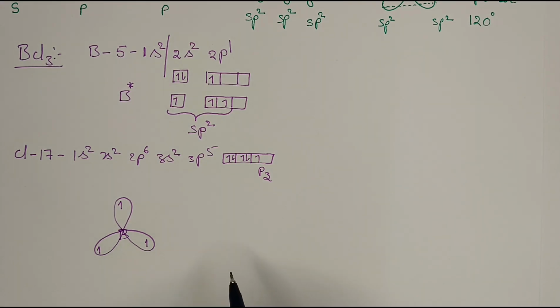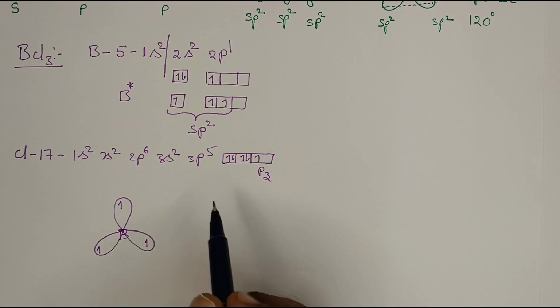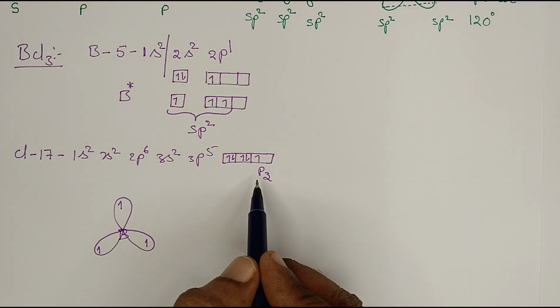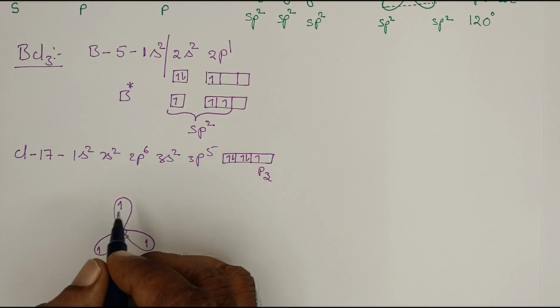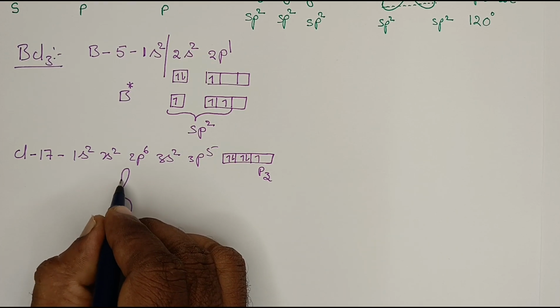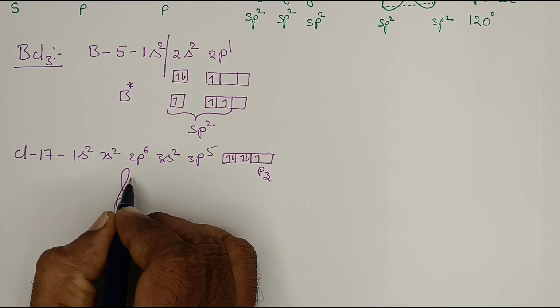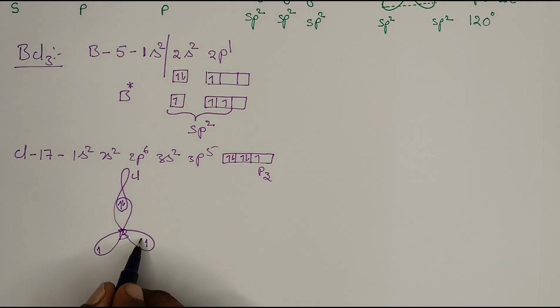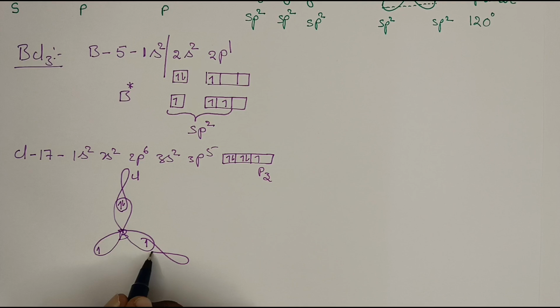With these unpaired orbitals, the pz orbitals of 3 chlorine atoms overlap. This is the pz orbital of 1 chlorine atom. This is chlorine. This is another pz orbital of the third chlorine atom.